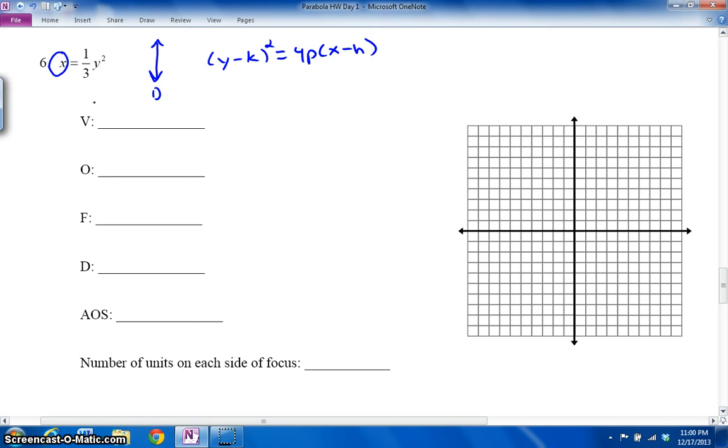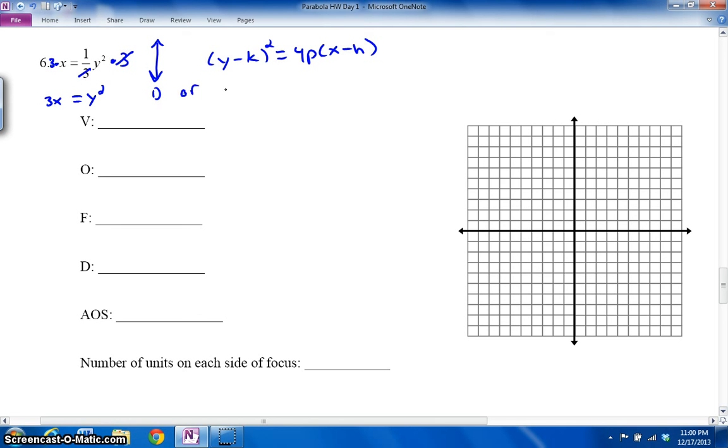So what we're going to do is multiply both sides of the equation by 3. So that's number 6. The 3's will cancel, leaving us a y squared equal to 3x.